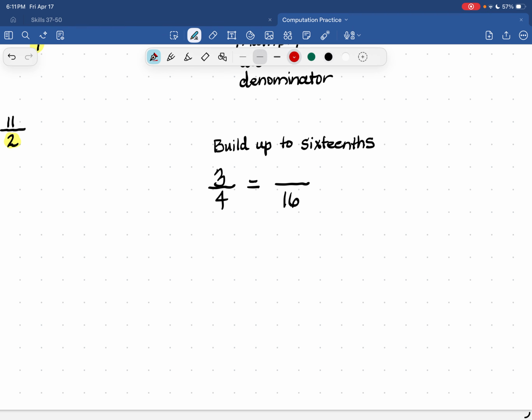To get from 4 up to 16, I would have to multiply by 4. 4 times 4 is 16. And if you do that on the bottom, you must do it on the top. 3 times 4 is 12. So 12/16 is equal to 3/4.